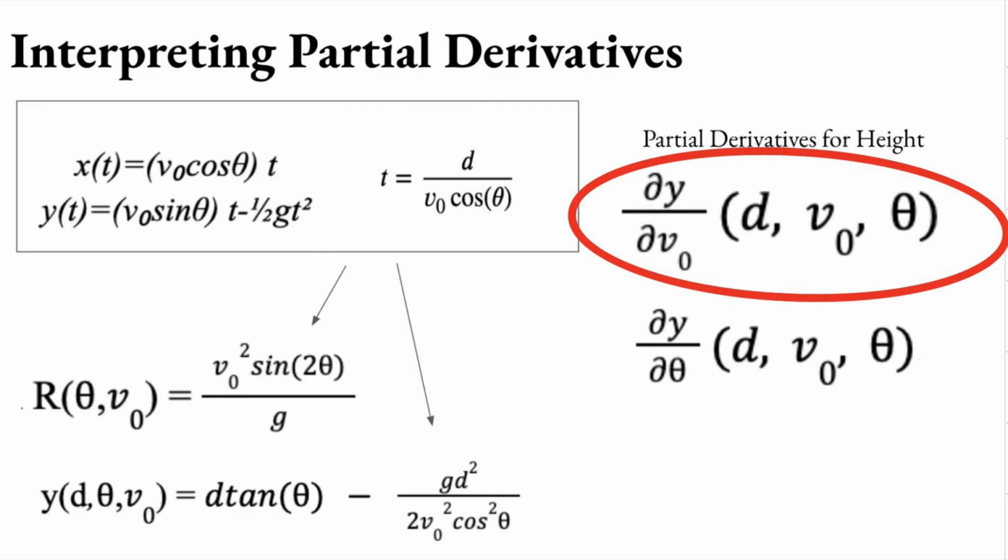And when you take into account both of these factors, you can answer both the question of, does the ball clear an obstacle in its way, and does the ball reach the green? And so partial derivatives are very helpful in understanding why a golf ball is going to be successful in making it to the hole, but also understanding, okay, what parts of my swing do I need to tweak?